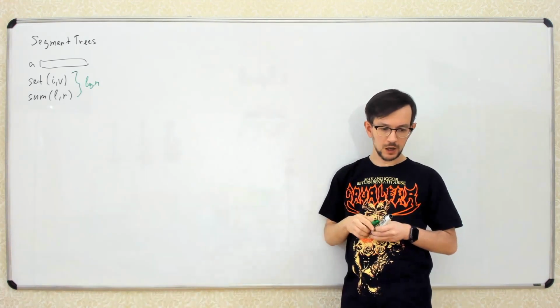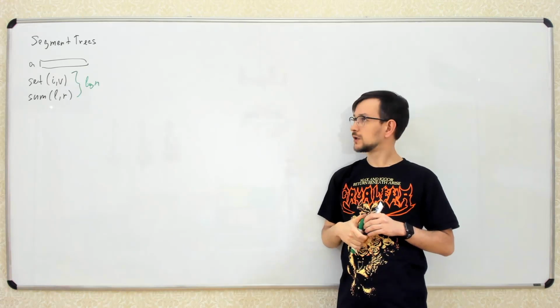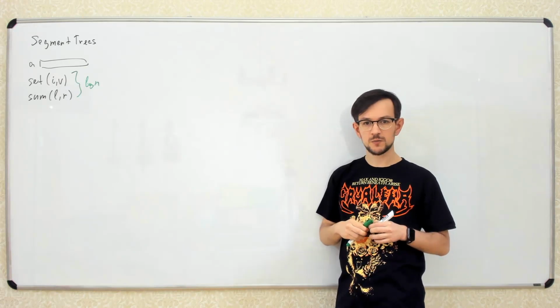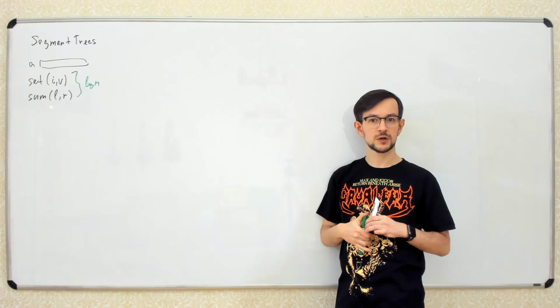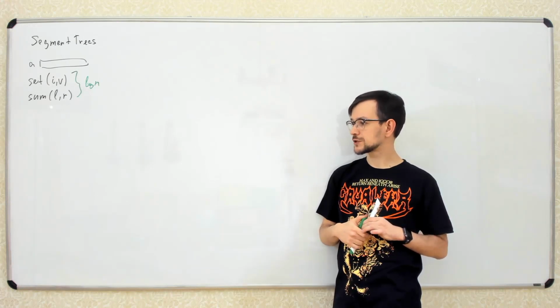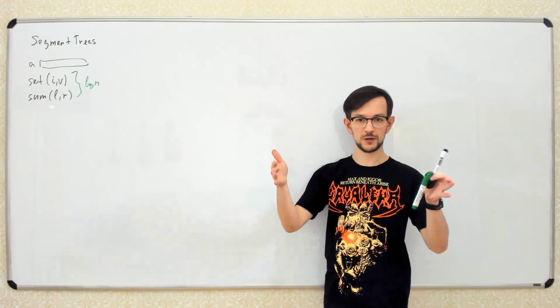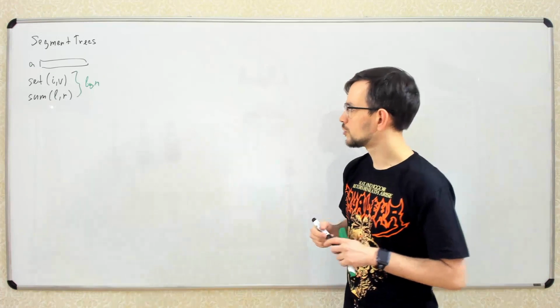Cool. Now, today we will use segment trees again, but we will try to handle a different type of operations. Today we will handle two types of operations. The first operation will be to change the whole segment of elements.